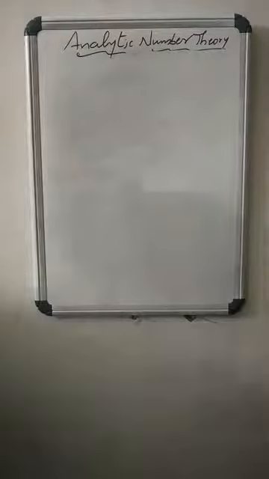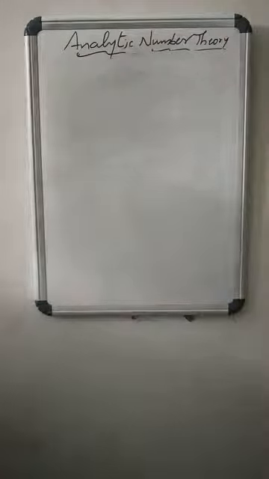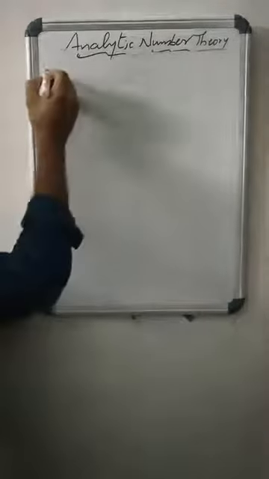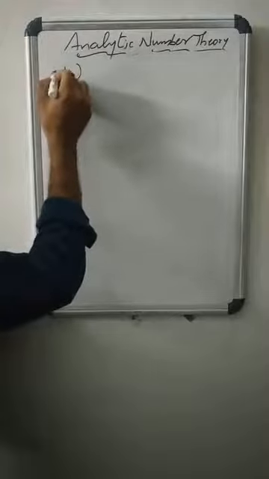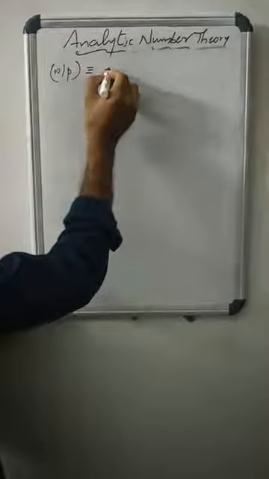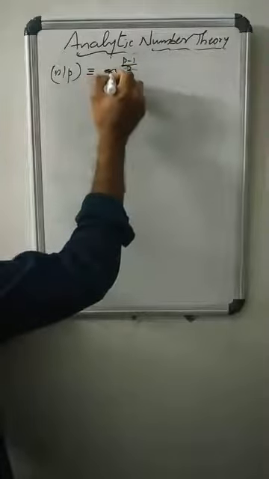Dear friends, in this class let us discuss the evaluation of (-1/p) and (2/p). We know Euler's criterion: for any odd prime p, (n/p) is congruent to n^((p-1)/2) mod p.